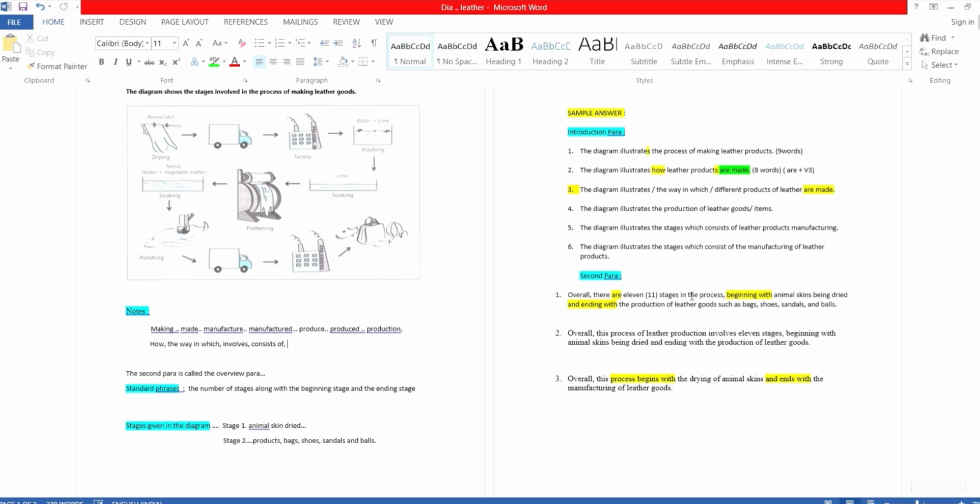Please use this extension, in the process. This gives you marks towards coherence. Which process are you talking about? The process which you are speaking about in the first paragraph. So thereby your coherence score will be enhanced. Don't cut your sentence like there are 11 stages. Don't cut like that. Fine.